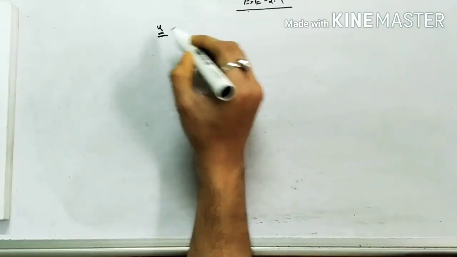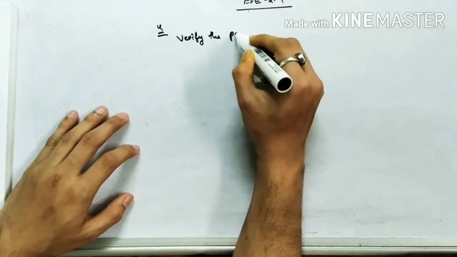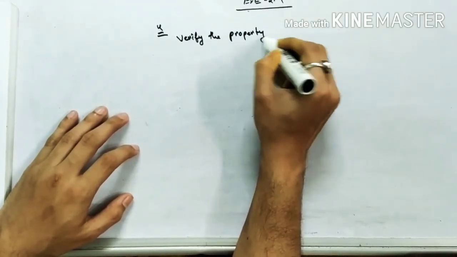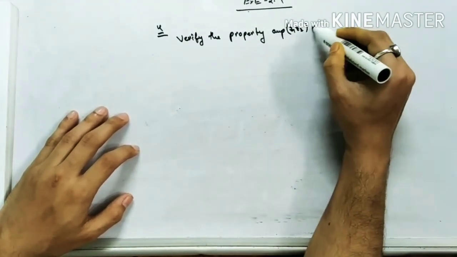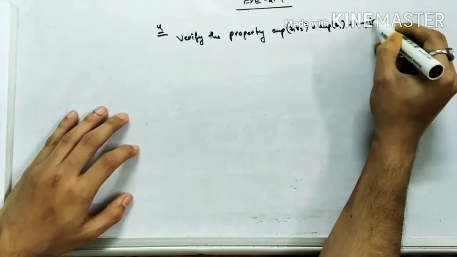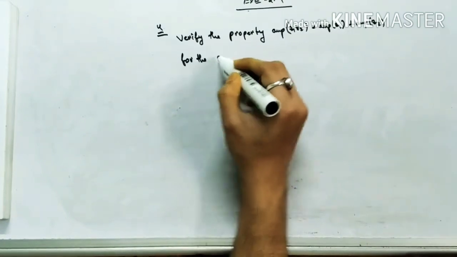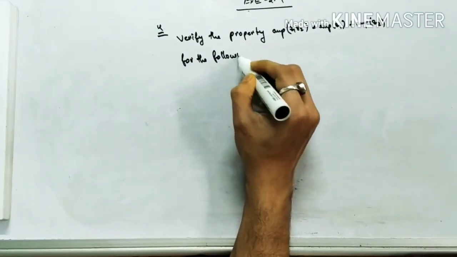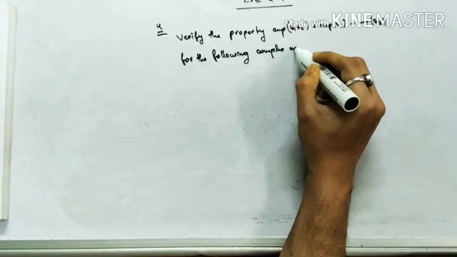Next we will go to question number 4. Verify the property amplitude z1 z2 is equal to amplitude z1 plus amplitude z2 for the following complex numbers.